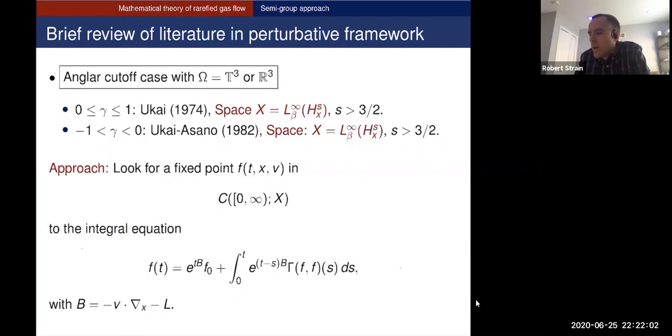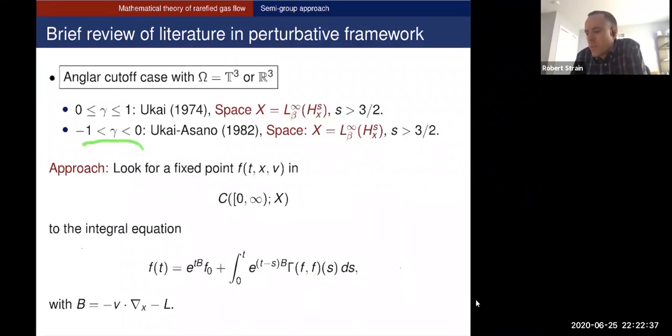So we assume the Grad angular cutoff assumption here, and you can take your spatial domain to be either the torus with periodic boundary conditions or the whole space. With angular cutoff and with gamma between 0 and 1, Ukai proved, in the space L infinity in velocity with a beta weight and the Sobolev space H^s in the x variable with s bigger than 3/2, global existence and uniqueness of solutions.